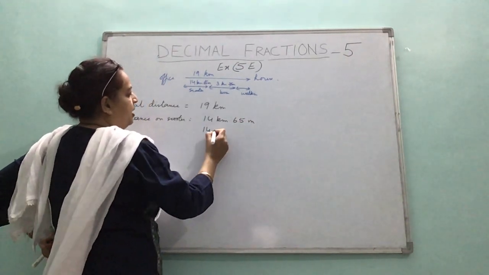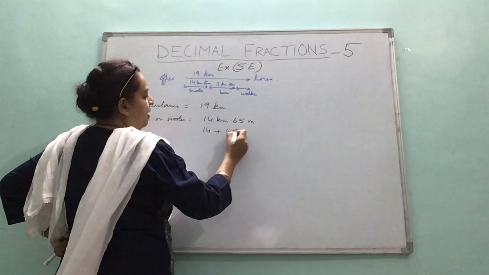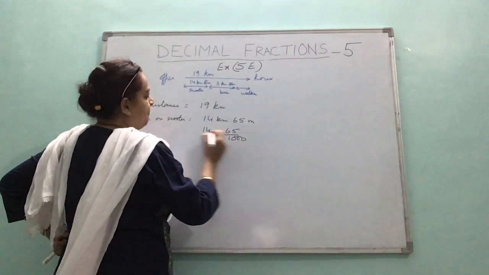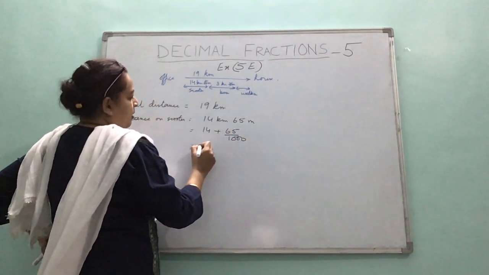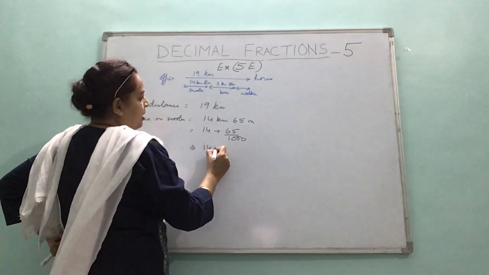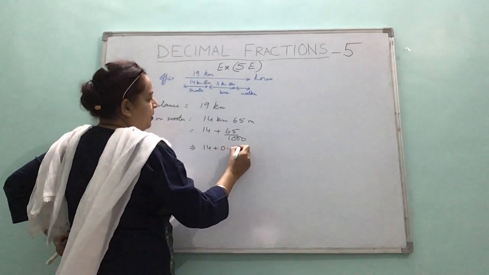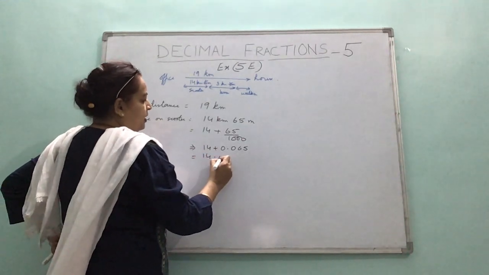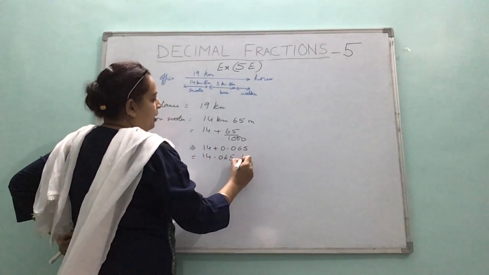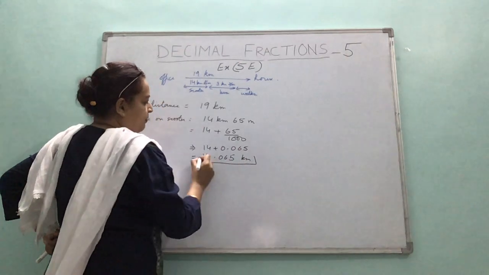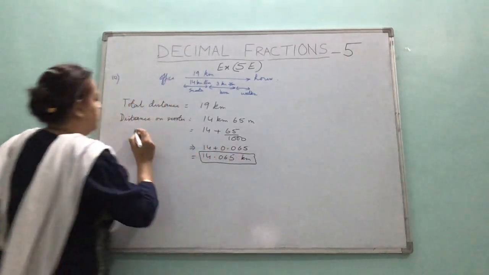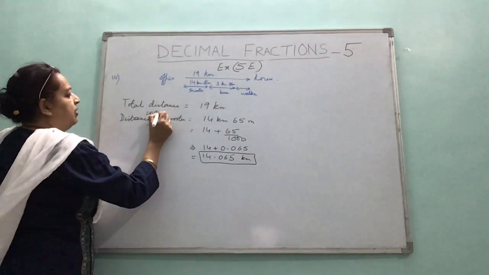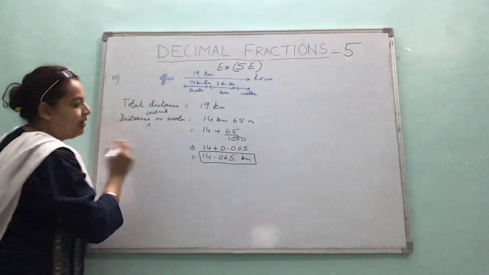We have already done it. 14 plus 65 upon 1000. 14 plus 0.065, 3 places decimal. So 14.065 kilometer. This is first. Distance covered on scooter. Alright, write covered on scooter. Why leave it in one word, right?